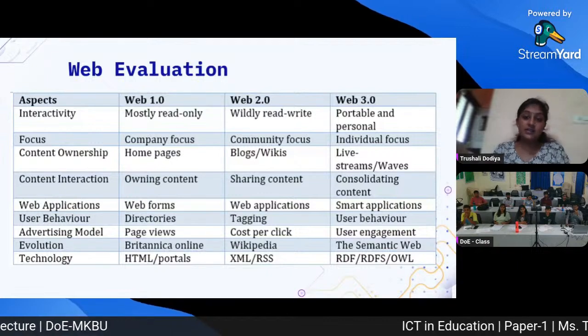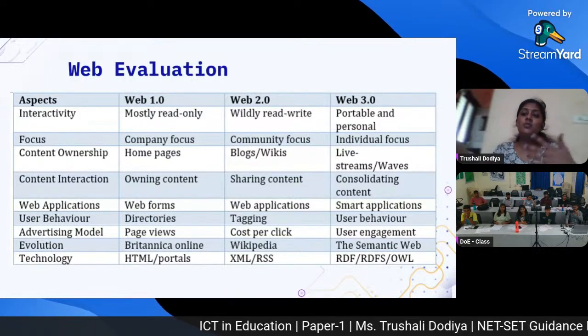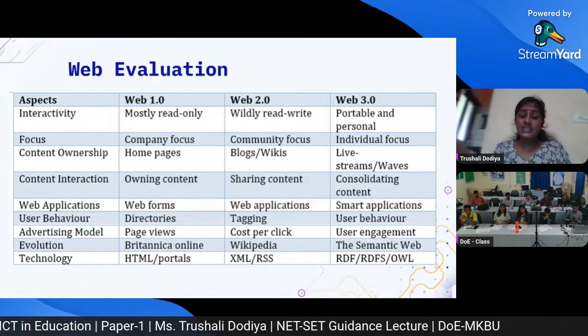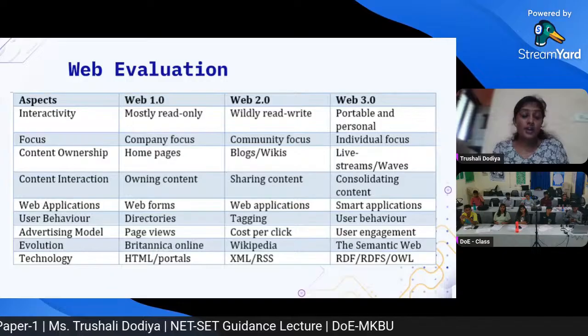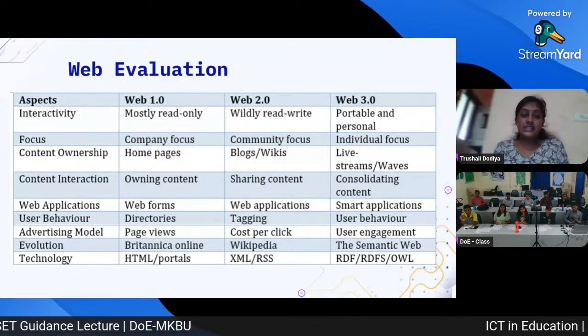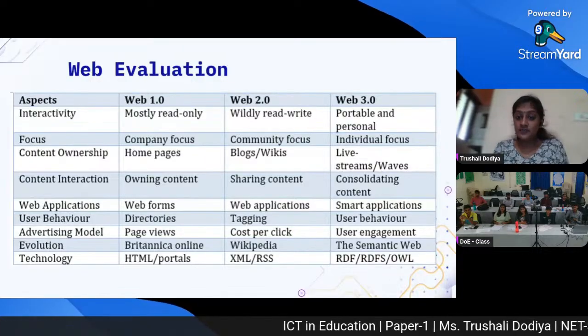The second one is widely read and write, and the third one is more portable and personal. We can get access to it anytime, anywhere, whenever we want. In Web 1.0, there is a company focus. In the second one, there is a community focus.